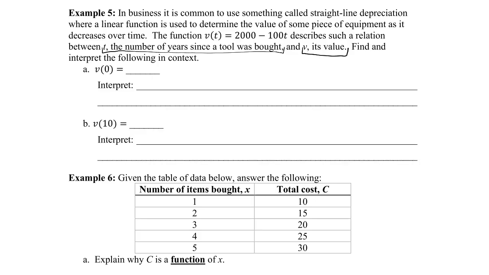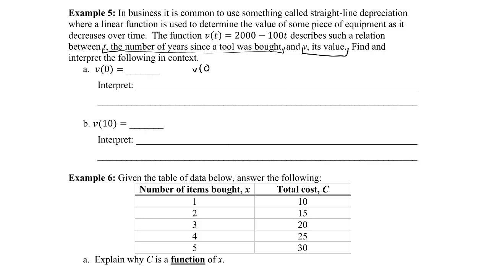So t represents the number of years since the tool was bought. v represents the tool's value.